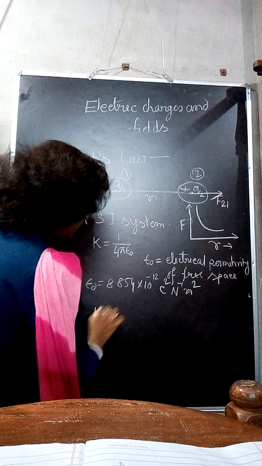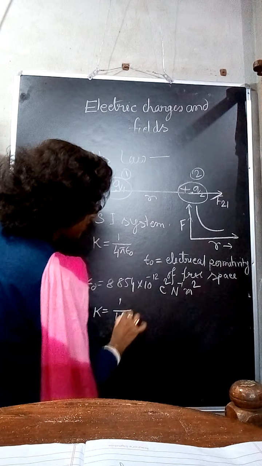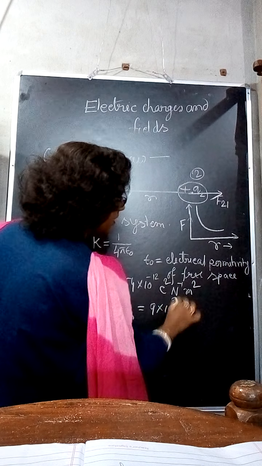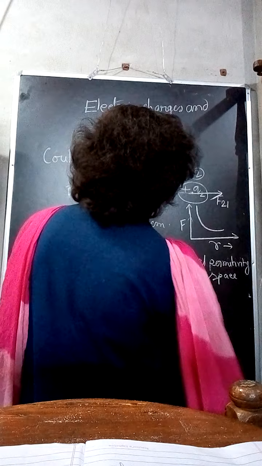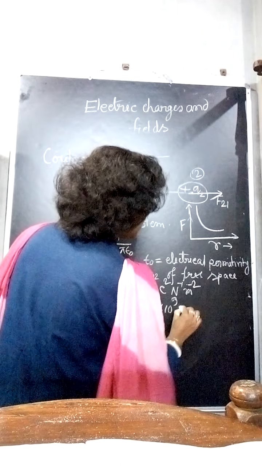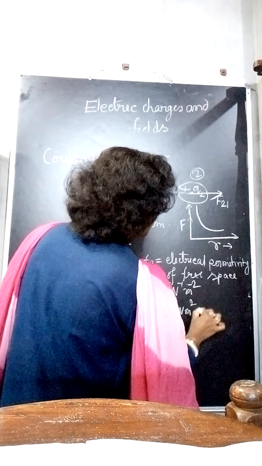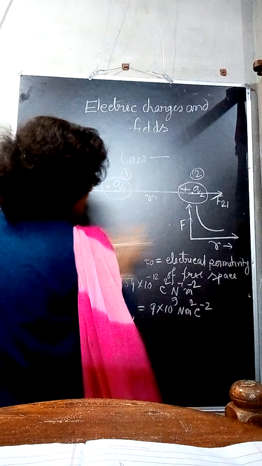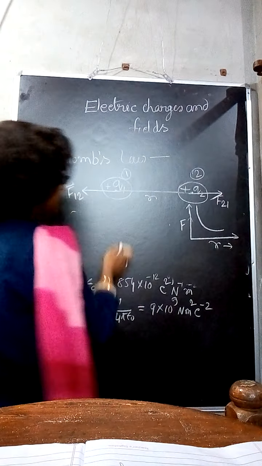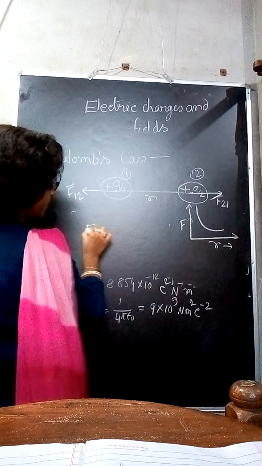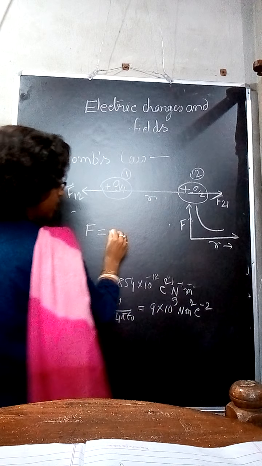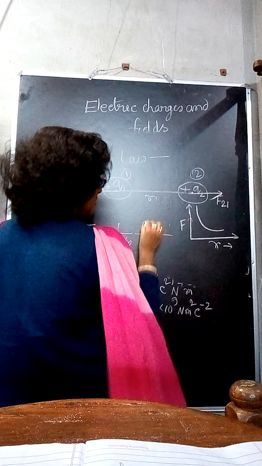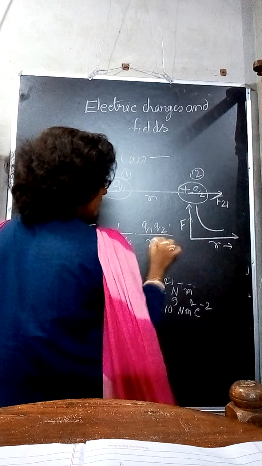So the value of K, 1 by 4 pi epsilon naught, is equal to 9 into 10 to the power 9 Newton meter square per Coulomb square. So for SI system, Coulomb's formula will be F equals 1 by 4 pi epsilon naught Q1 Q2 by R square.